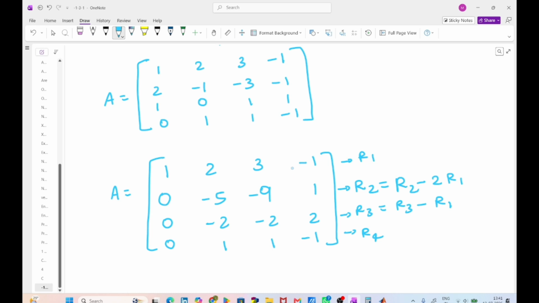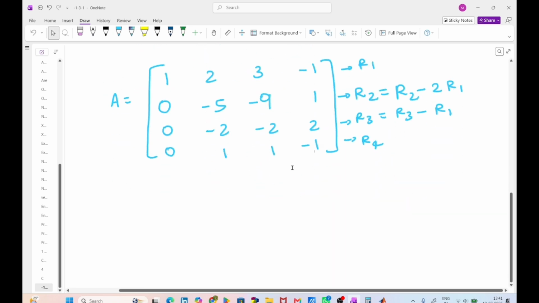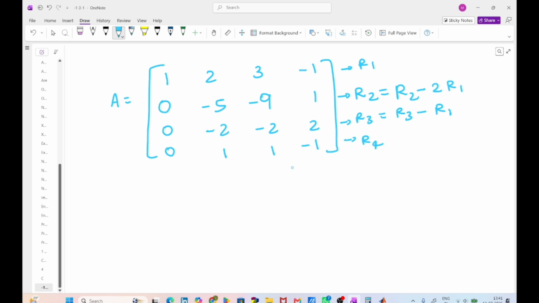Then shift the fourth row to the second row and the second row to the fourth row. We know that the diagonal element should be 1. For that, if we move this here, it will become 1. So we are doing that operation, that means replace R2 with R4 and R4 with R2.